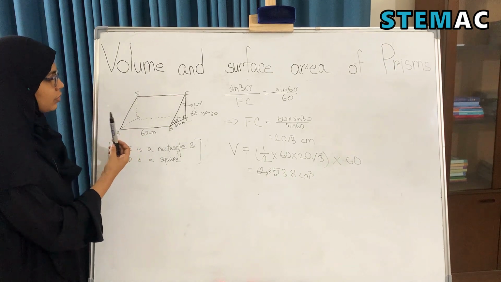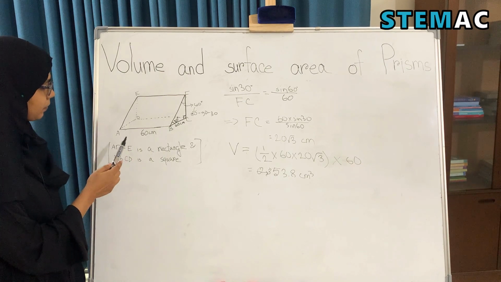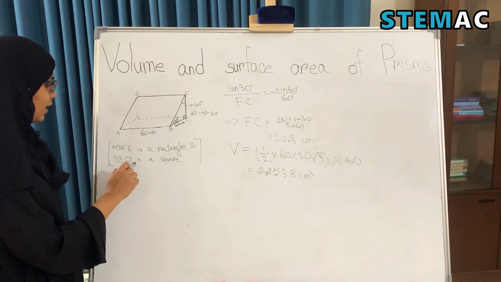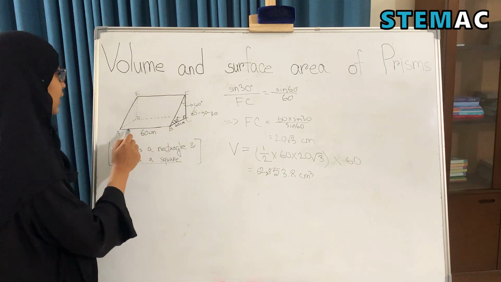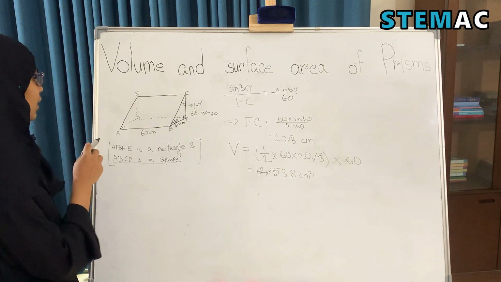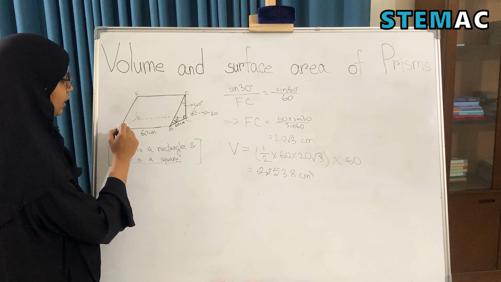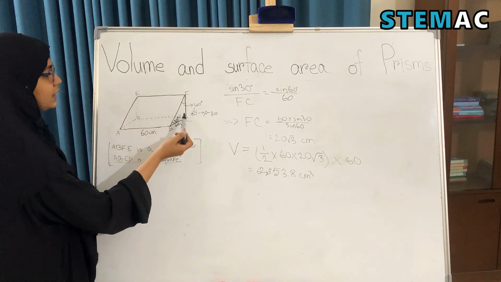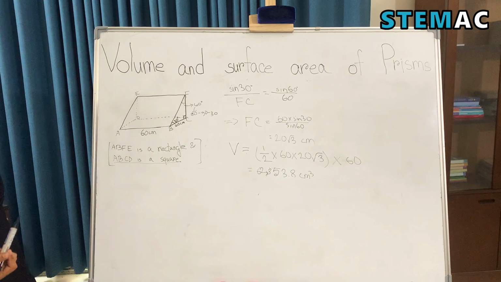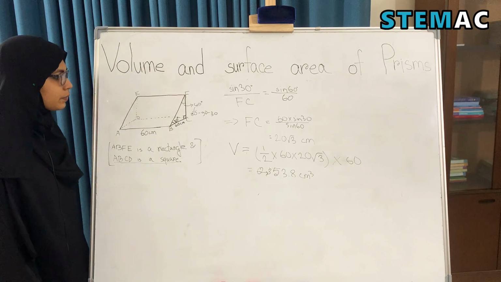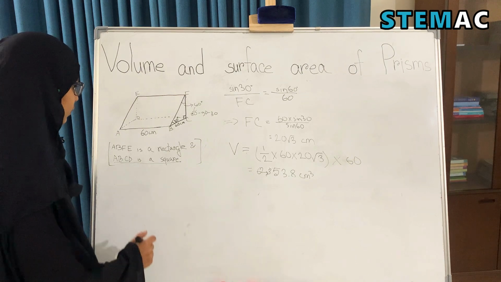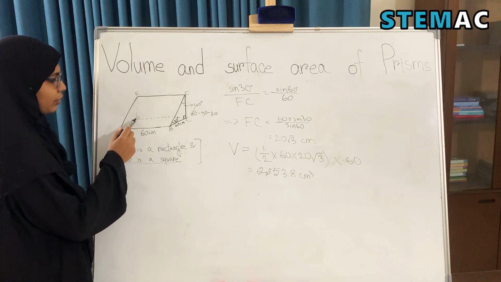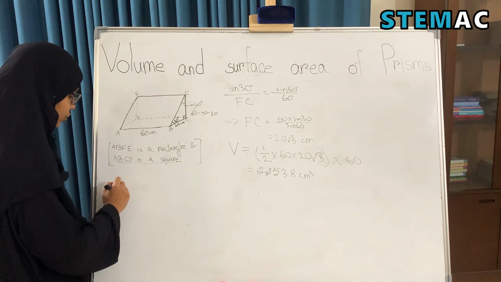Sorry, this face is a square, as it states that ABCD is a square, but ABFE is a rectangle. That means DCFE is also a rectangle. So we can find the total surface area.